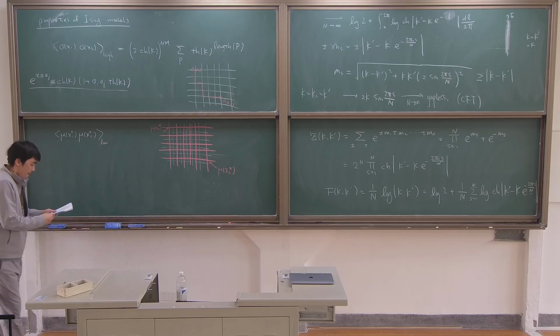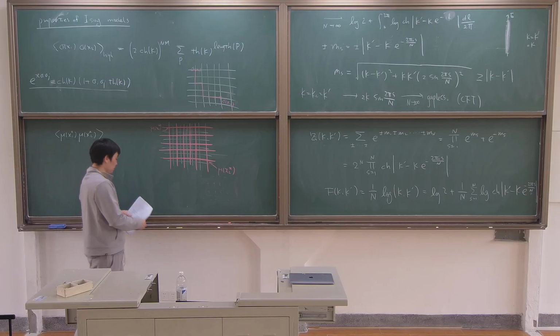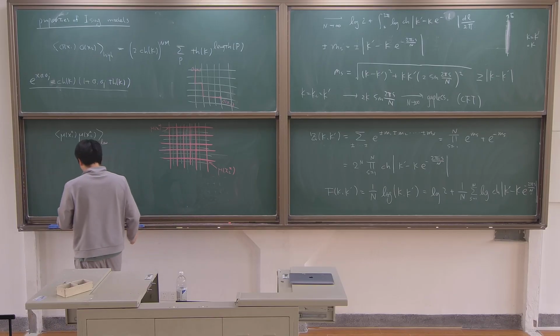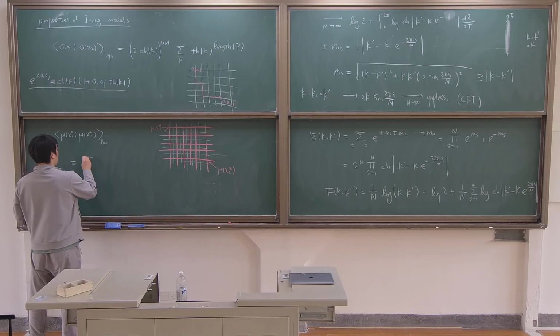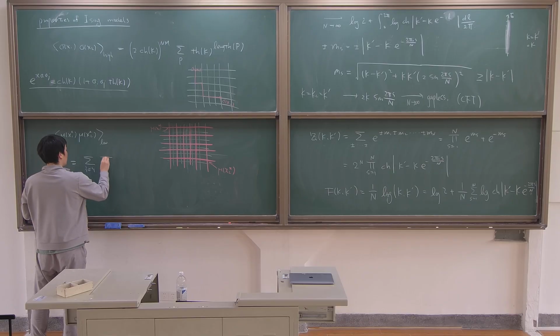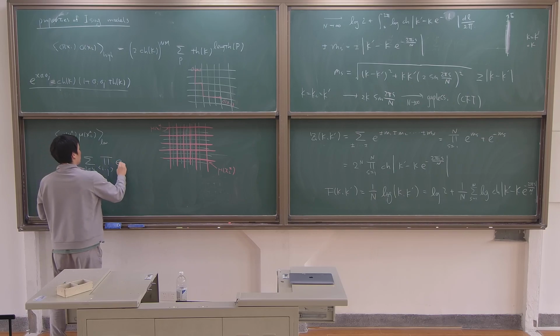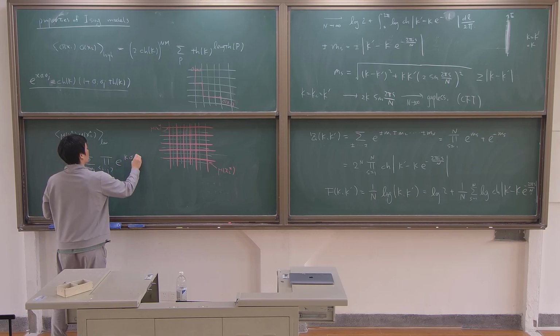Okay. So then what we are doing is that you just sum over all possible states, the product over adjacent i and j of e to the k σ_i σ_j.